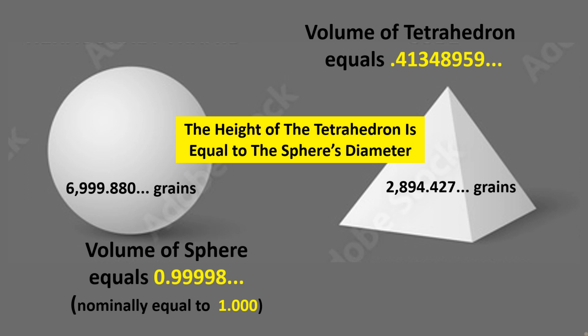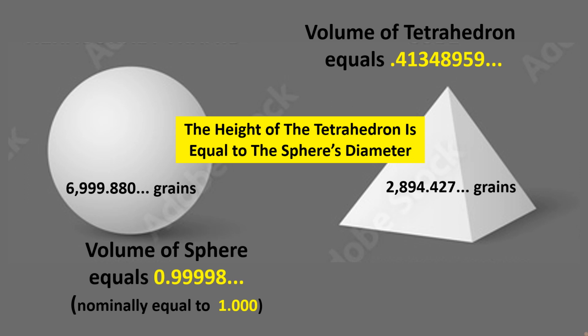If this volume of grains as a 0.41348959 portion of 1 pound is packaged in the form of a regular tetrahedron, the height of this tetrahedron will be equal to the diameter of a sphere with a volume of 0.99998 pound, which is nominally 1 pound, at least to 99.998%.